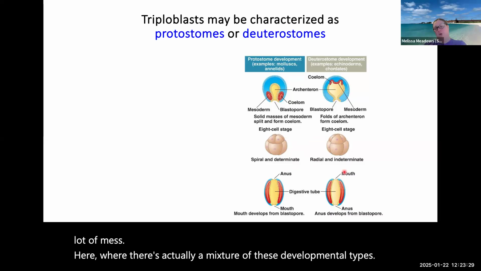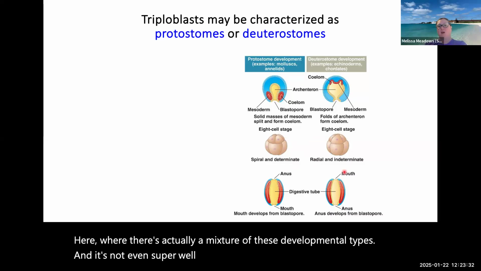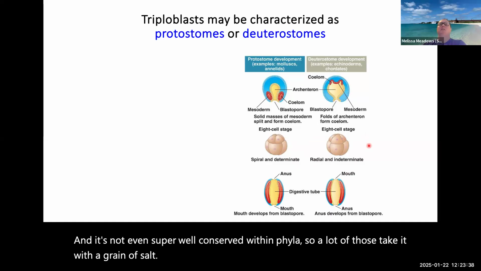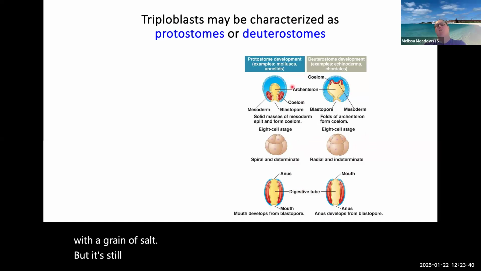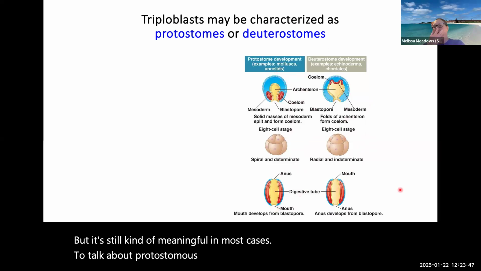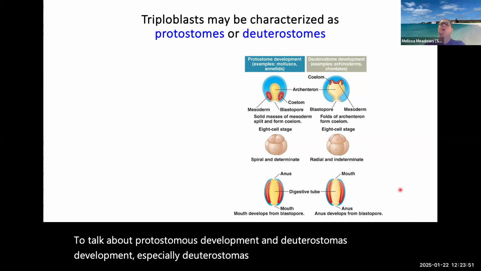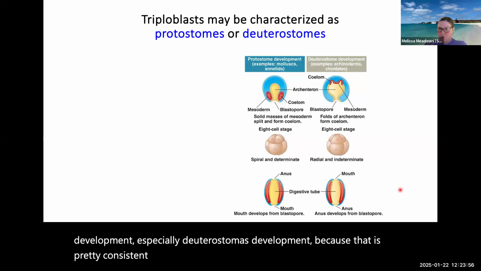And it's not even super well conserved within phyla. So take a lot of this with a grain of salt, but it's still meaningful in most cases to talk about protostomous development and deuterostomous development, especially deuterostomous development, because that is pretty consistent in all the deuterostomes, as far as we know. Again, we're learning more all the time.